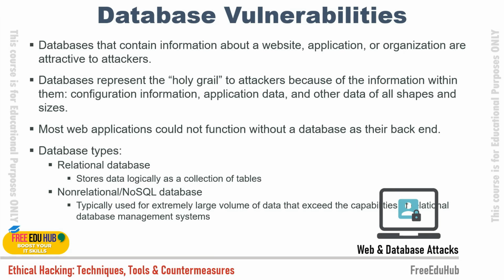Now we have non-relational, NoSQL databases. The extremely large volume of data available today often exceeds the capabilities of relational database management systems to efficiently process it. Now NoSQL databases come in different varieties, with the key value storage technique being quite popular. With the key value approach, instead of grouping similar data into rows and columns as in relational databases, as we have seen in a SQL server or MySQL database, non-relational databases store each data element as a value with a key used to retrieve that information.